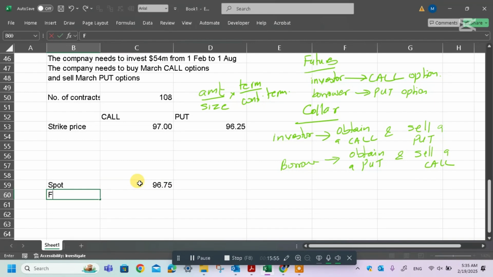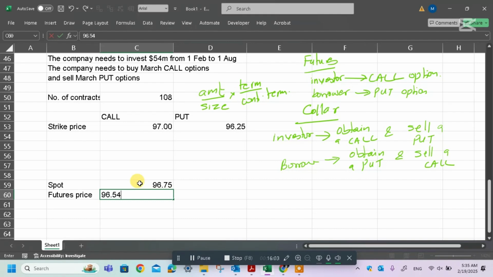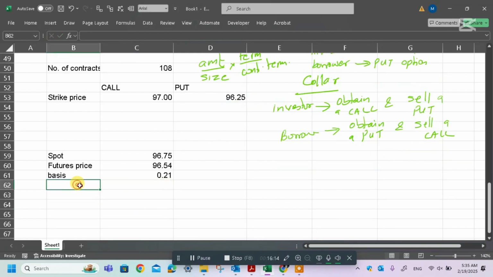And the futures price, $96.54. Basis, $0.21. That's the basis.